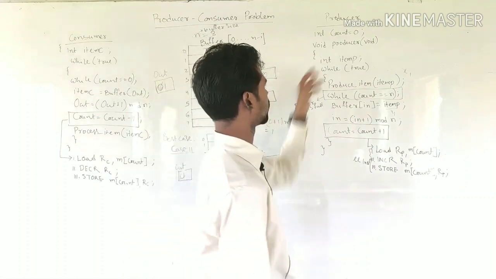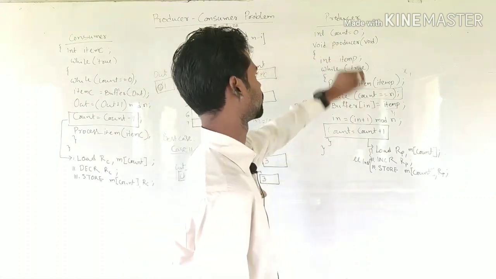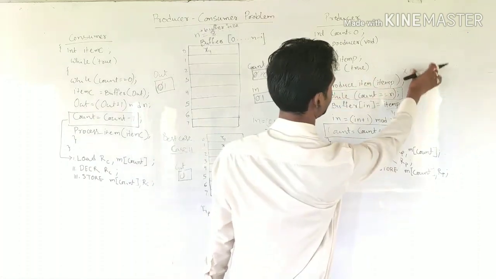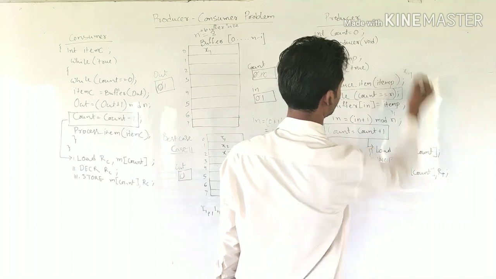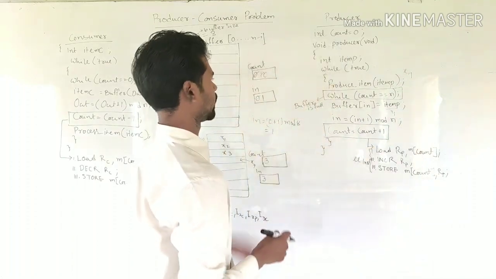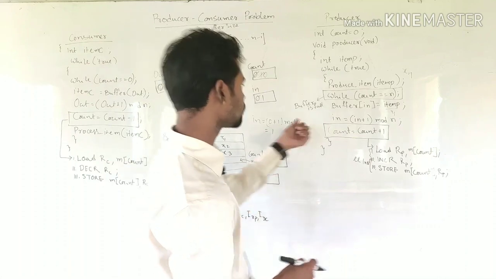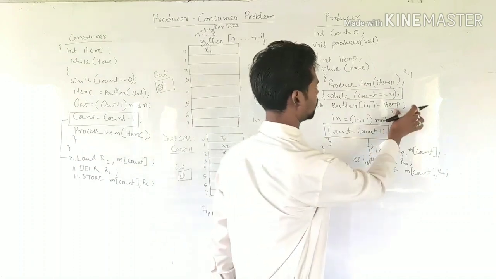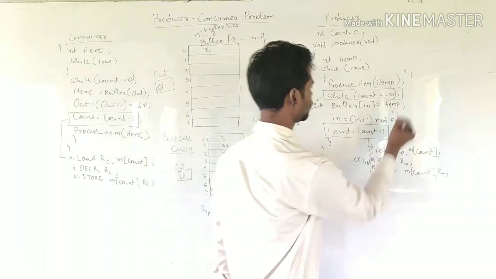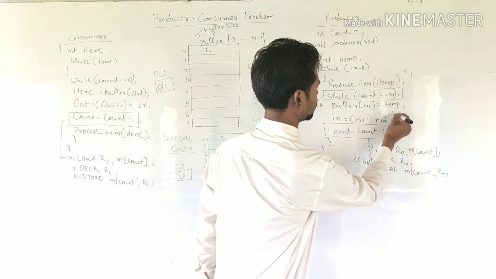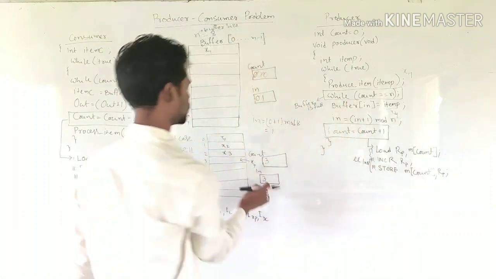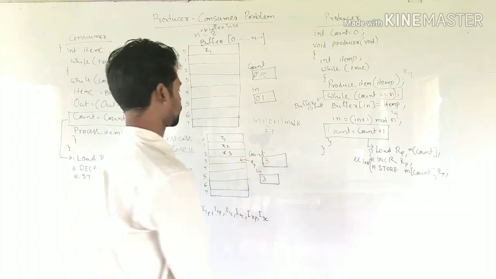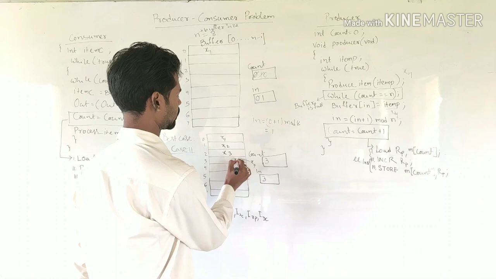Producer is going to produce one item, so int count, int item P, while true produce item P. Suppose x4 is produced, while count equal to n, count is not equal to n, buffer in equal to item P, item P will be x4, x4 will be inserted into the buffer at position, what is in? 3, so here x4 will be inserted here. Okay, x4 is inserted.